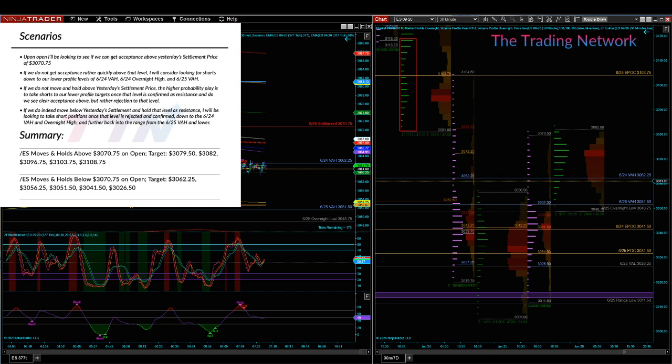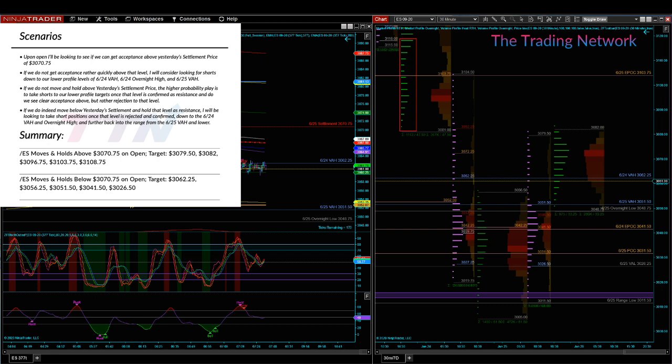Now, the summary quickly says, if ES moves and holds above 30.70.75 on open, target 30.79.50, 30.82, 30.96.75, 31.03.75, and 31.08.75 to the upside.